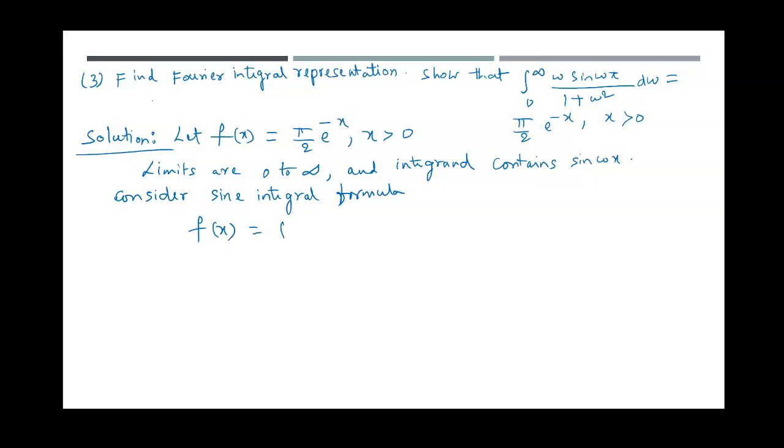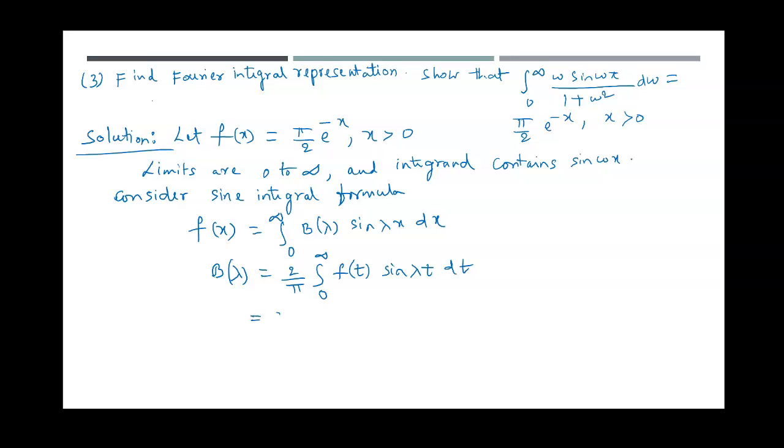So the sine integral formula is f of x equal to integral 0 to infinity b lambda sin lambda x d lambda. Now we have to find b lambda first. So b lambda equal to 2 by pi integral 0 to infinity f of t sin lambda t dt.